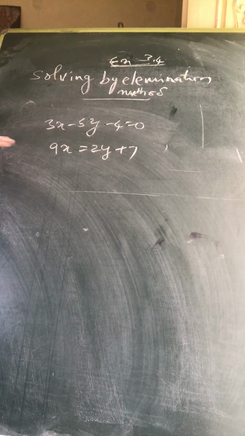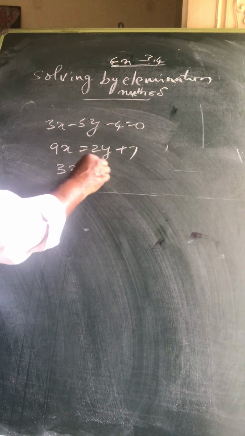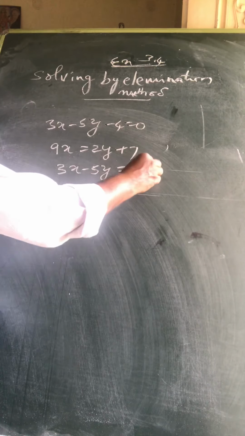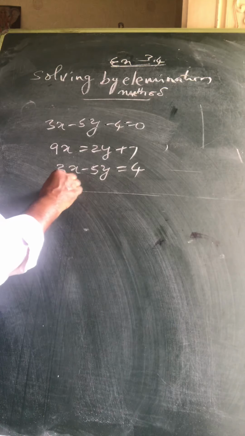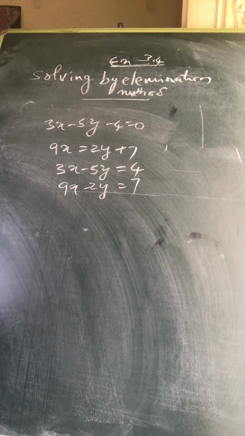Both are not in the form of a pair of linear equations, that means in the general form. We have to write them. This is 3x minus 5y is equal to 4, and this will become 9x minus 2y is equal to 7.